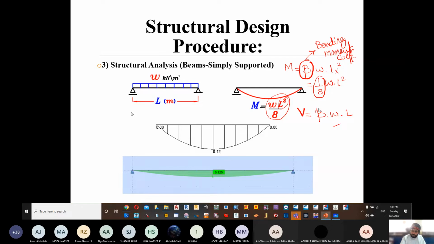Another beta here is normally written as beta V, the shear force coefficient. W is the loading and L is your length. So for any regular shear force with a UDL, it is beta W L, and for moment it's beta W L square.